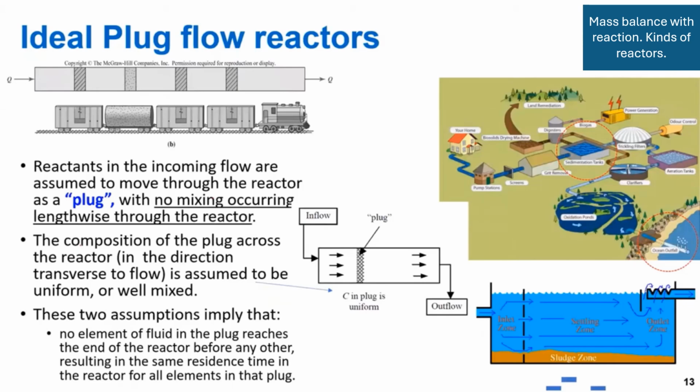For a plug flow reactor, there are two assumptions. No element of fluid in the plug reaches the end of the reactor before any other. It means this element here will not reach the outflow before or faster than the element behind it. This element reaches the outflow first, then the next element, then the next, because they are not mixing.